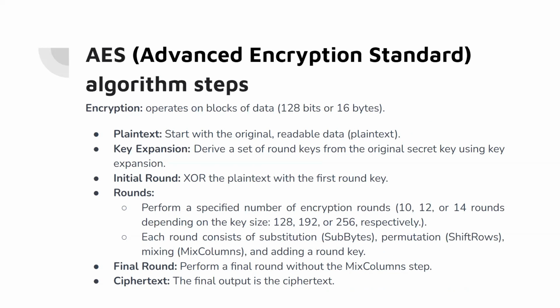Now I will talk about one of the encryption algorithms we've implemented in our project, which is the AES, Advanced Encryption Standard. The encryption process consists of transforming blocks of data, typically 16 bytes or 128 bits, for enhanced security and confidentiality.